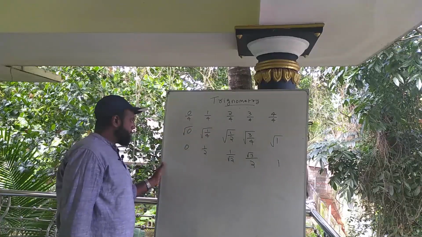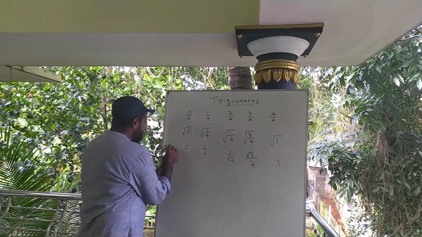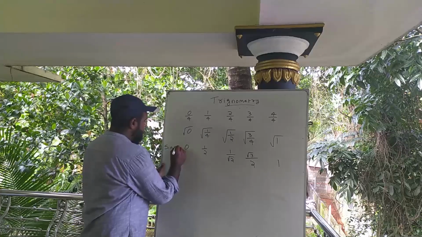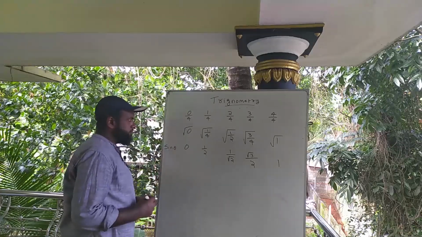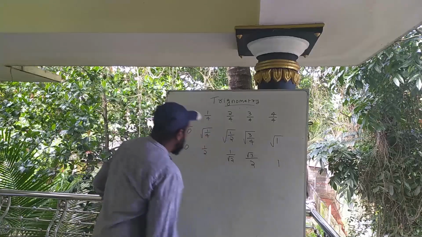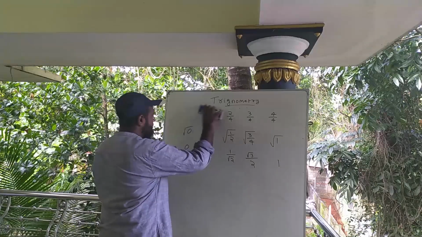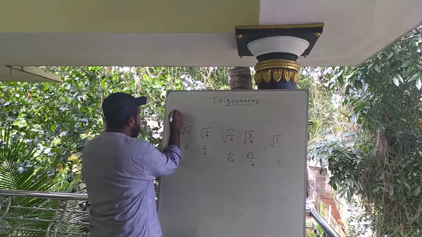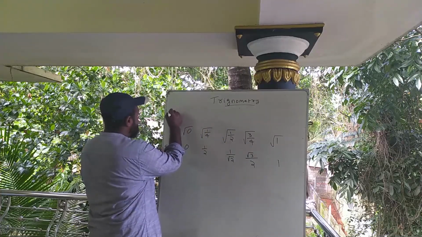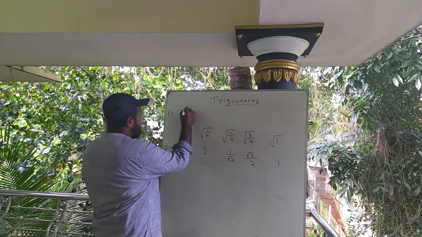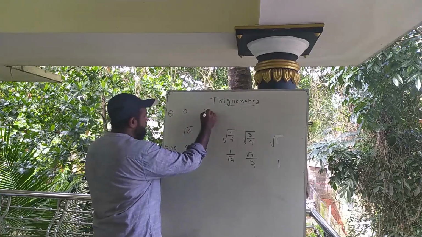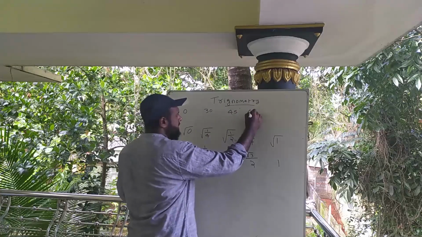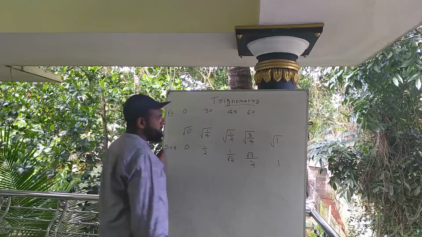We can give here a sin theta. Then we can give angles here, theta: here 0, here 30, here 45, here we can give 60, here we can give 90.